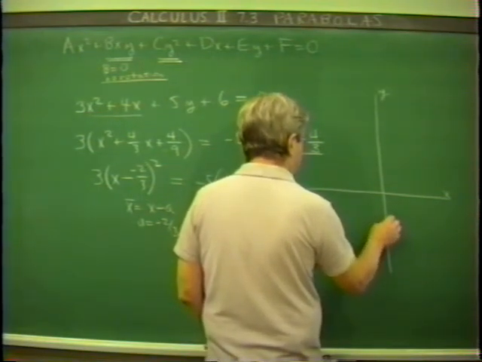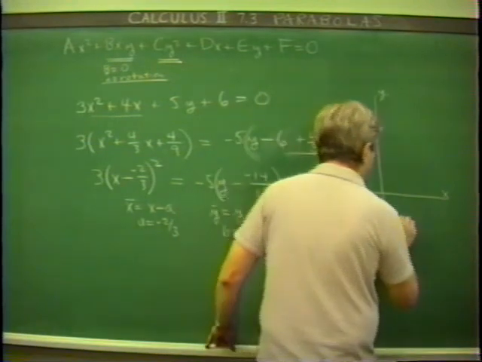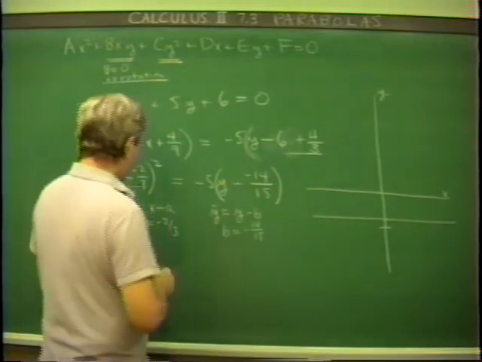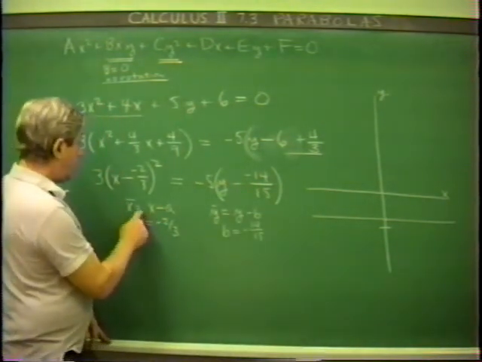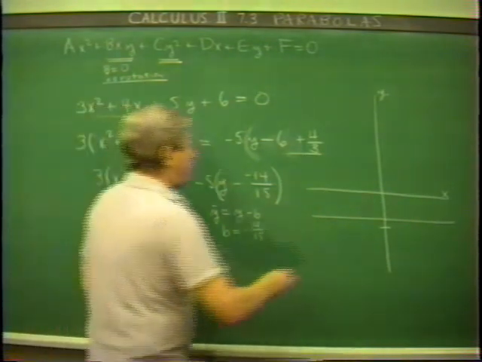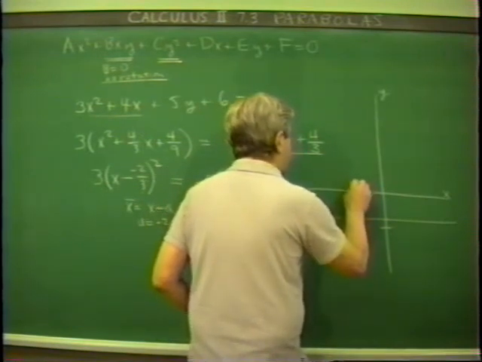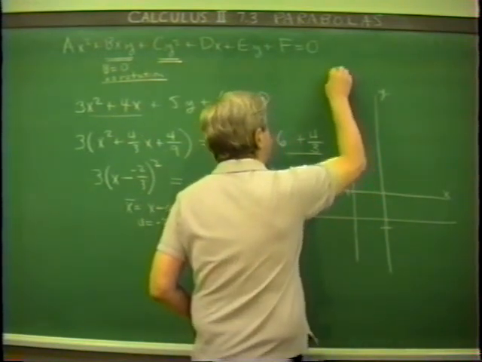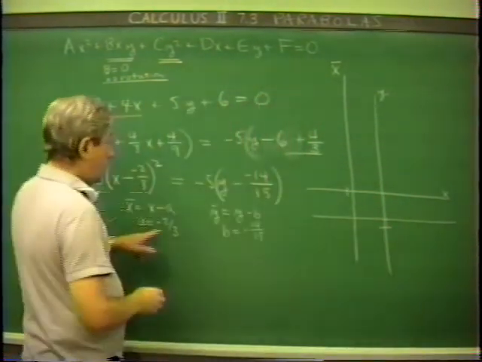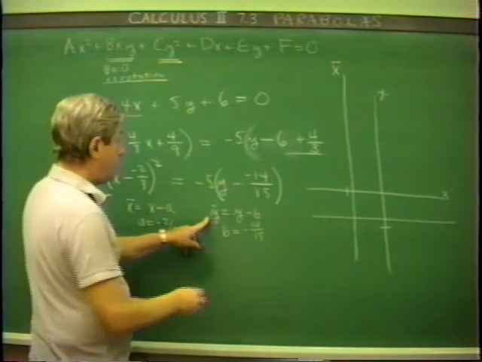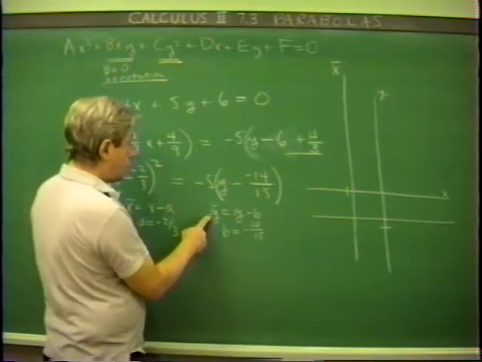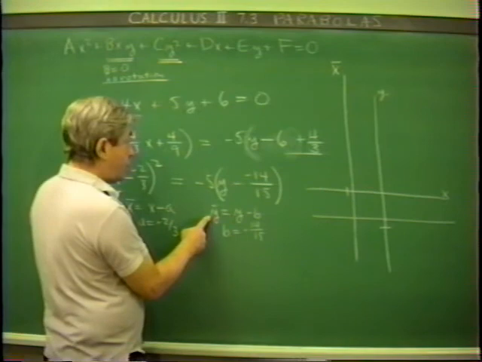So if this is minus 2/3, let's see. X bar is going to be equal to 0 when x is minus 2/3. So this should be minus 2/3 over here, like so. That's going to be the x bar coordinate system at minus 2/3. And the y bar coordinate system, y bar is going to be equal to 0.